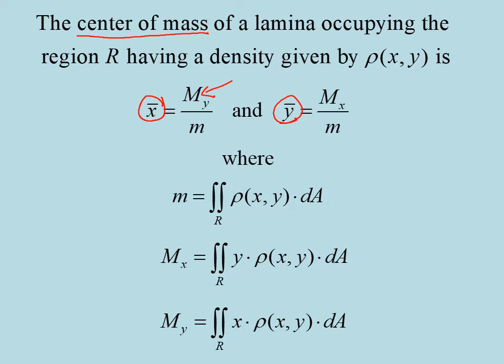It may sound a little weird because we're computing x bar and we're using m sub y. But if you recall, m sub y contains the x. And so x bar involves the x distance, or m sub y.